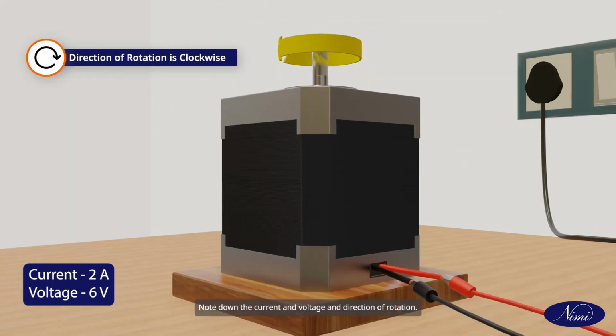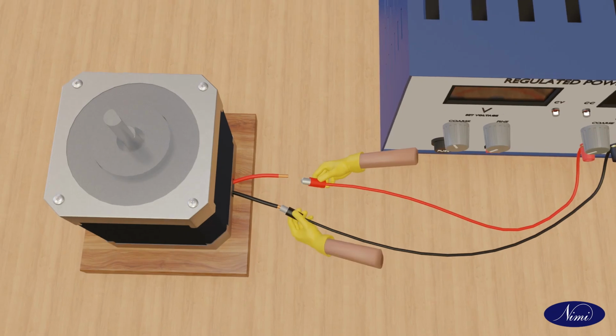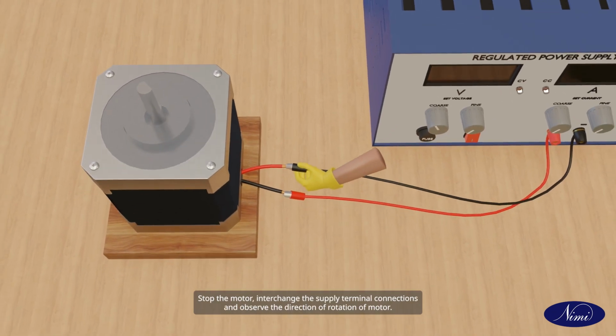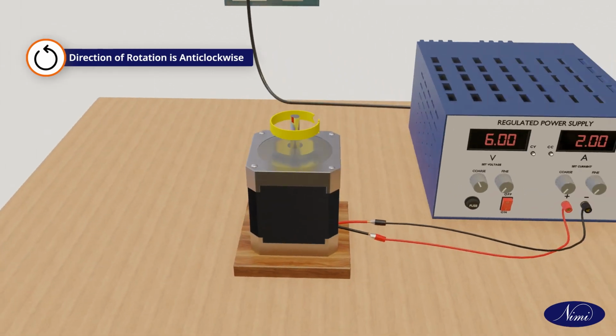Note down the current, voltage and direction of rotation. Stop the motor, interchange the supply terminal connections and observe the direction of rotation of motor.